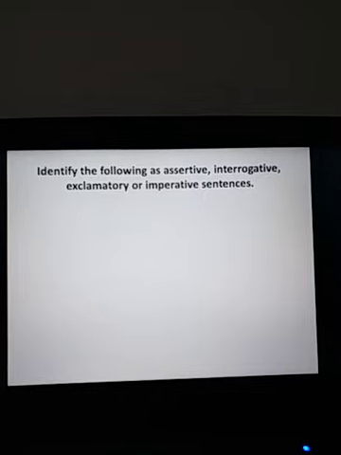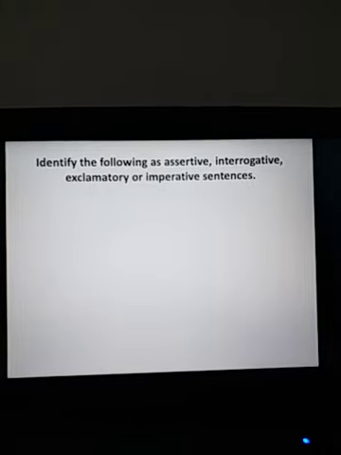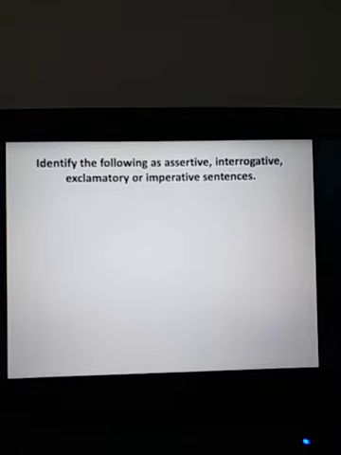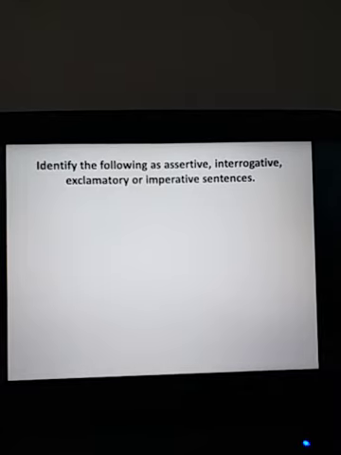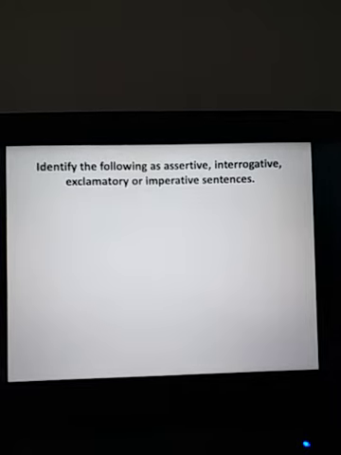Now, what we have to do here is identify the following sentences as assertive, interrogative, exclamatory, or imperative sentences. Before we start this quick exercise together, let us quickly recall the four kinds of sentences.